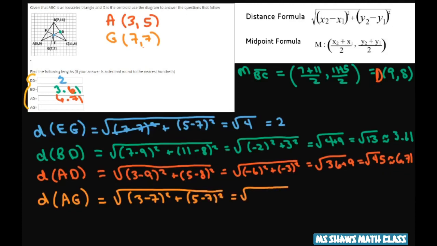That gives you negative 4 squared plus negative 2 squared, which equals square root of 16 plus 4 equals the square root of 20, which is approximately 4.47.